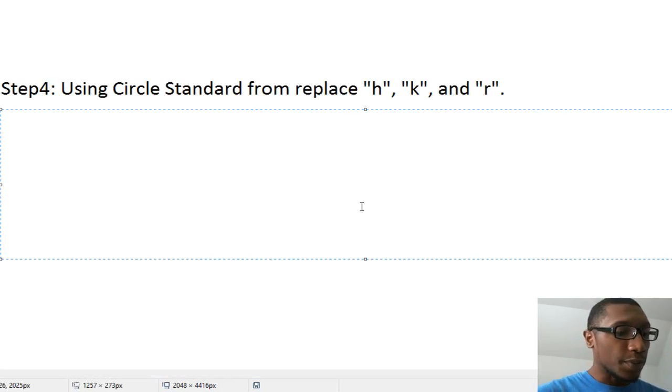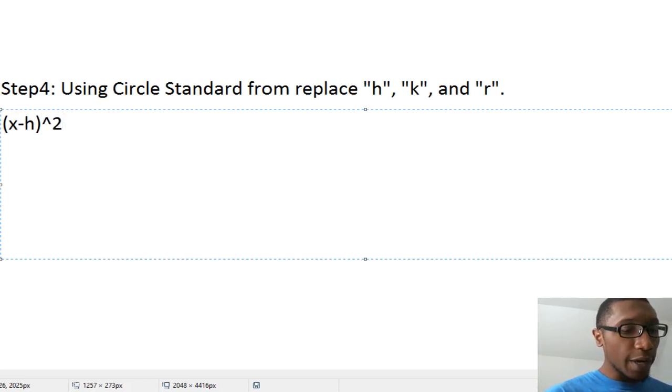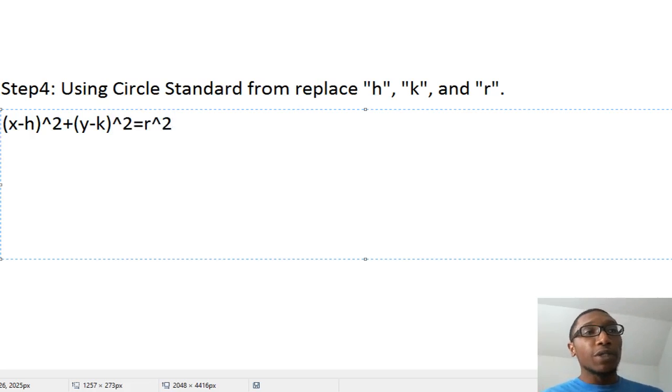All right, so we're going to take our standard form equation, which was x minus h squared plus y minus k squared equals r squared. And now we're just going to replace all of the h, k, and r's with our values that we found.